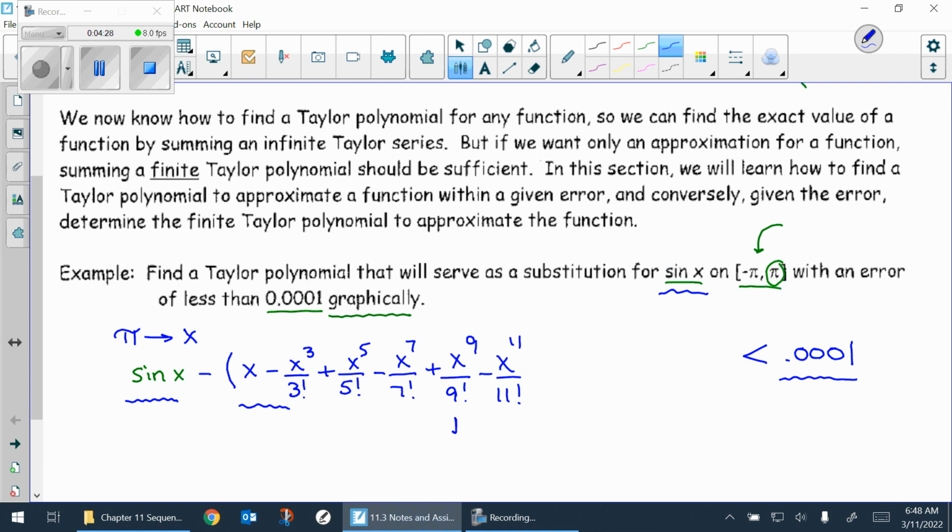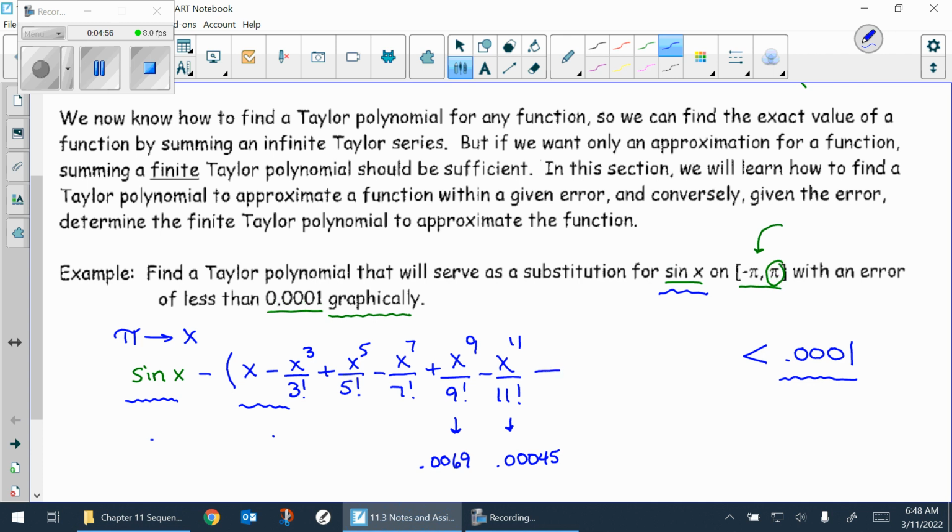Now, if I had stopped here, I got a difference of 0.0069. That would have been the absolute value of the difference between sine and the polynomial approximation. If I had gone to this term, 0.00045-ish, almost there, but not quite.